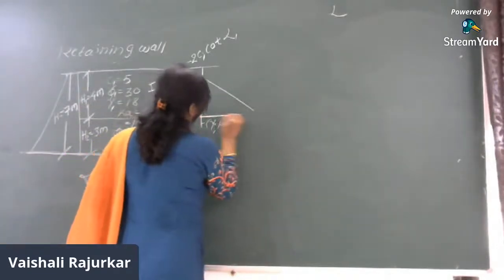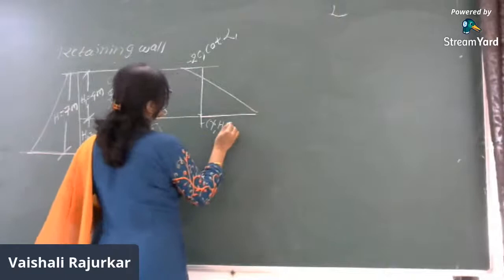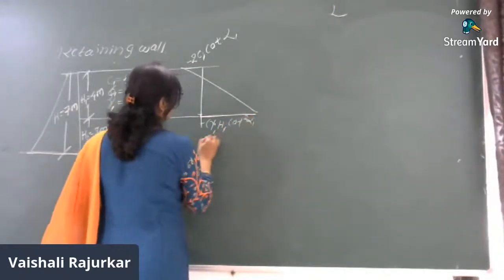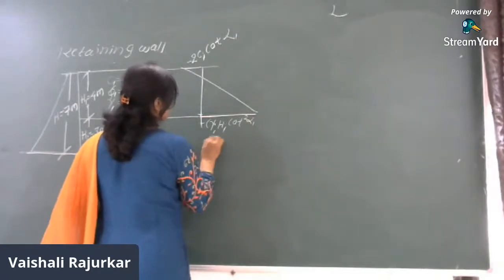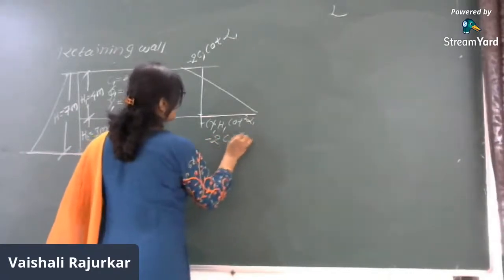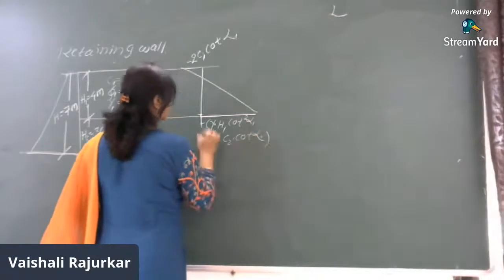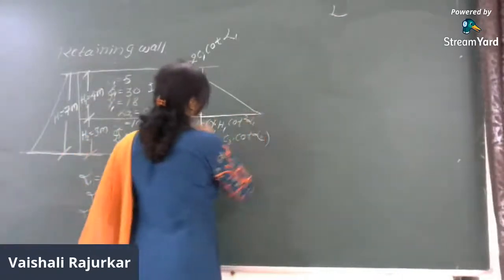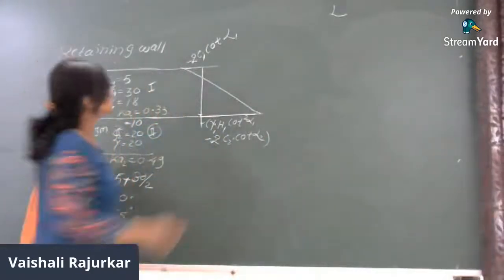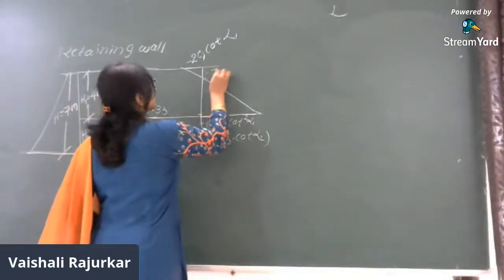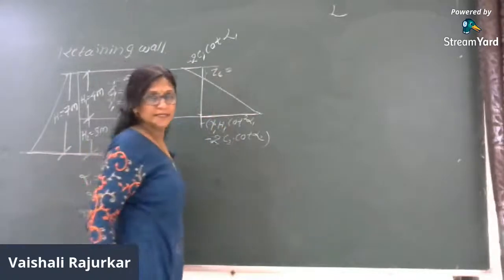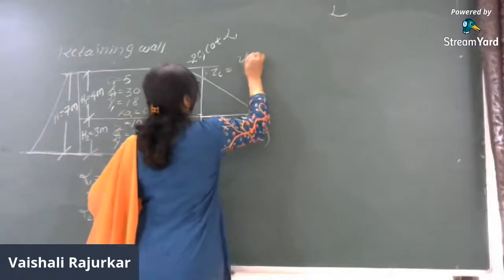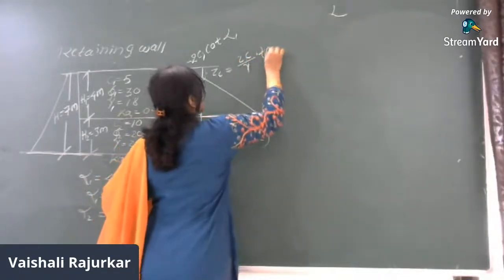So here it will be gamma 1 into h1 cot square alpha 1 minus 2c2 cot alpha 2. So this is the bottom. Then this is the first case. In this case, we will just consider this as ZC. So ZC is equal to 2c upon gamma into tan alpha.